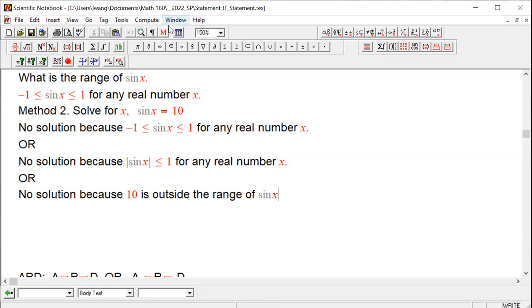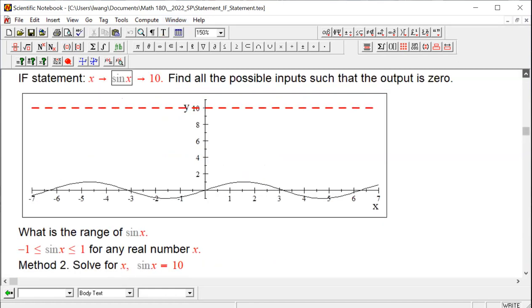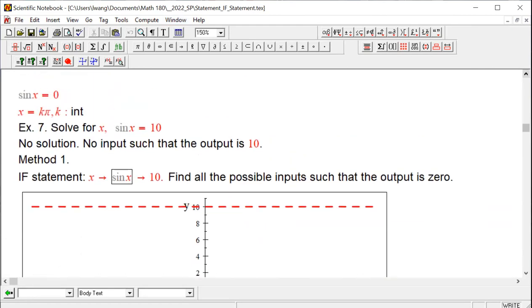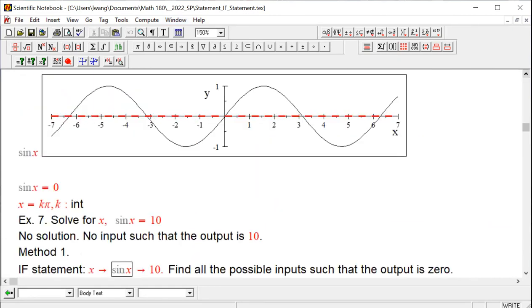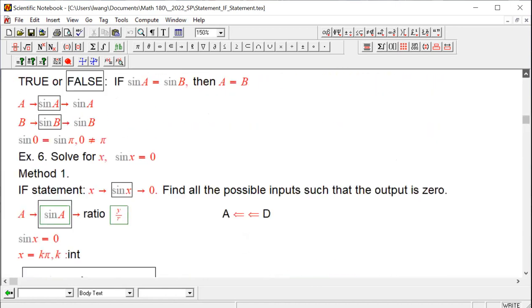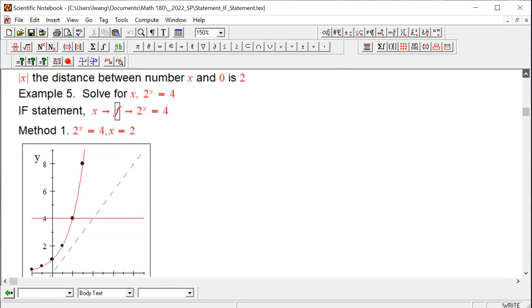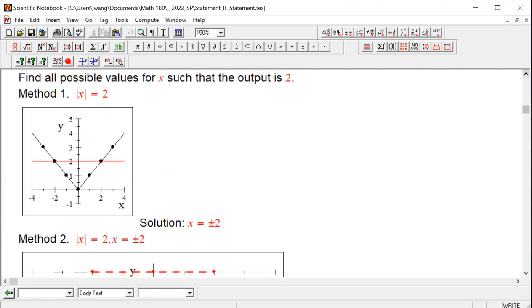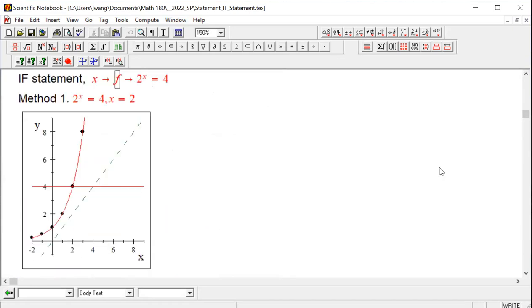So let's look at another example for the if statement. Sometimes we might have a little bit more complicated situation. We have covered the if statement for functions as simple as x squared, absolute value of x, right?